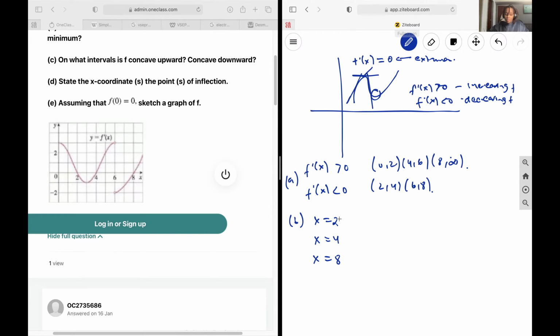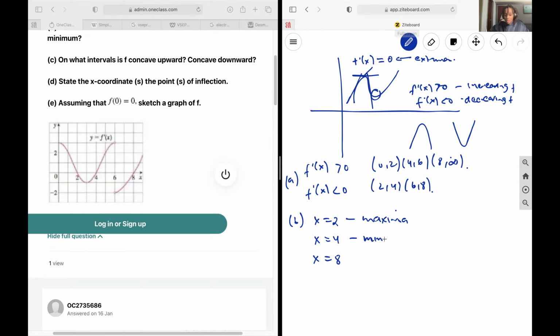If it's decreasing and then increasing, we're going to have a minimum. And so at the point 2, it is going from increasing to decreasing because the derivative is going from positive to negative. And so that will mean that at x is equal to 2, we are going to have a maxima. At x is equal to 4, we are going from the slope of the tangent line being negative, so a decreasing function, to the slope of the tangent line being positive, so an increasing function.